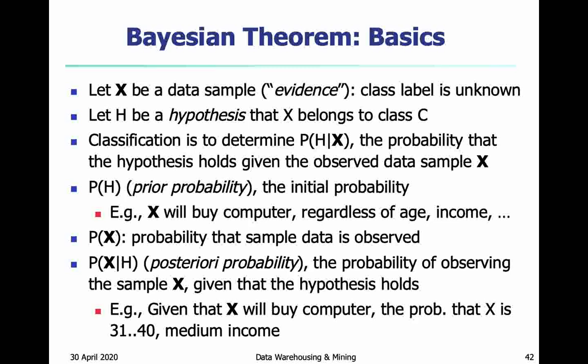And in this Bayesian theorem, this X is considered the evidence, and it is described by measurements made on a set of n attributes. Fine. So there are n attributes, and this is the data tuple. It's a data sample, you can say, or here it is known as the evidence. Right? It's very simple.